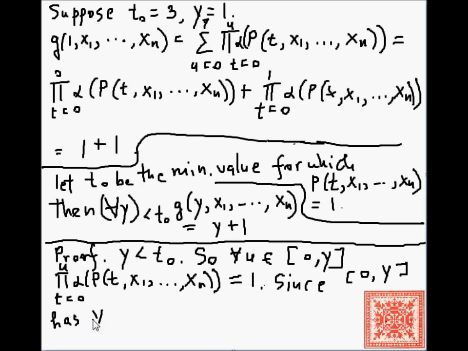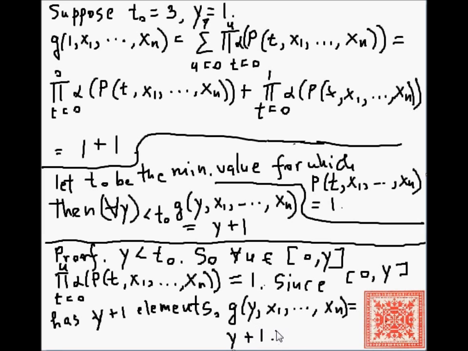So since that closed interval from 0 to y has y plus 1 elements, and again we assume that y is at least 0, well, otherwise it's a trivial case of summing from 0 to 0, then g of y x1 through xn is equal to y plus 1.